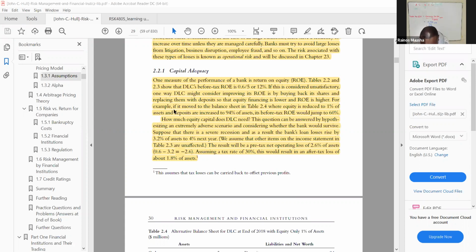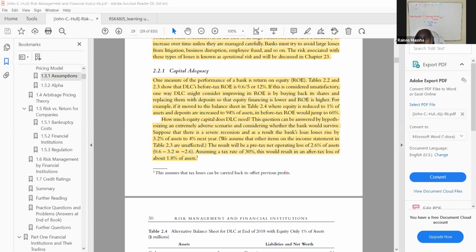For example, if it moved to the balance sheet in table 2.4, where equity is reduced to 1% of the assets and deposits equal 95% of the assets, then the before tax return on equity will jump to 60%.